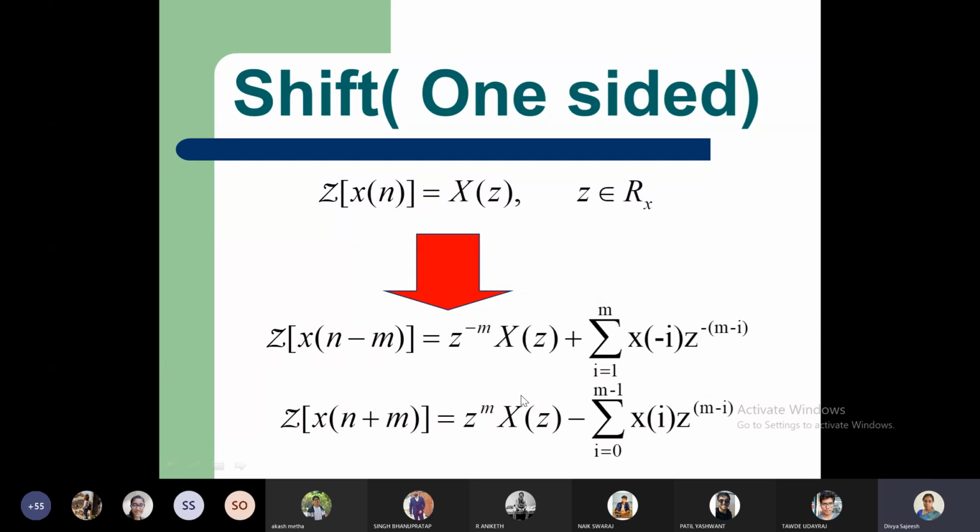When you do a numerical, then only you will come to know what this i, m minus i and all are. Things will be more clear if you do a numerical of a one-sided signal. But you have to learn this formula for the one-sided signal by heart. Both formulas are different in both cases. Here it is i equal to 1 to m, but in the other case it is i equal to 0 to m minus 1. Entire things are different.